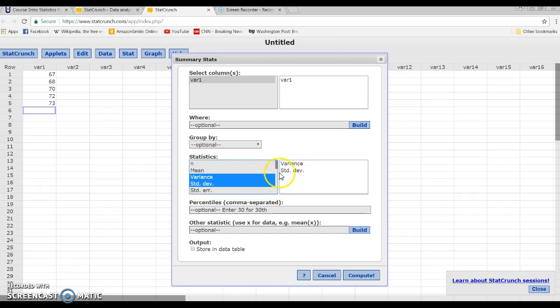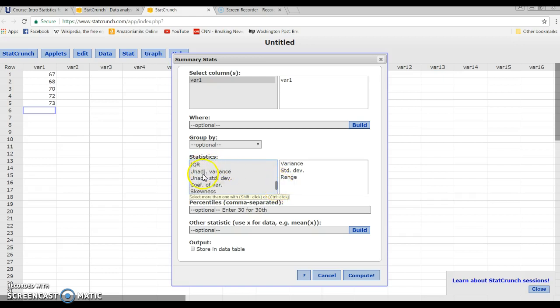This standard deviation is the sample standard deviation. By the way, this standard error is something different, so don't worry about it. We want the range, so we're going to Control and then highlight it.